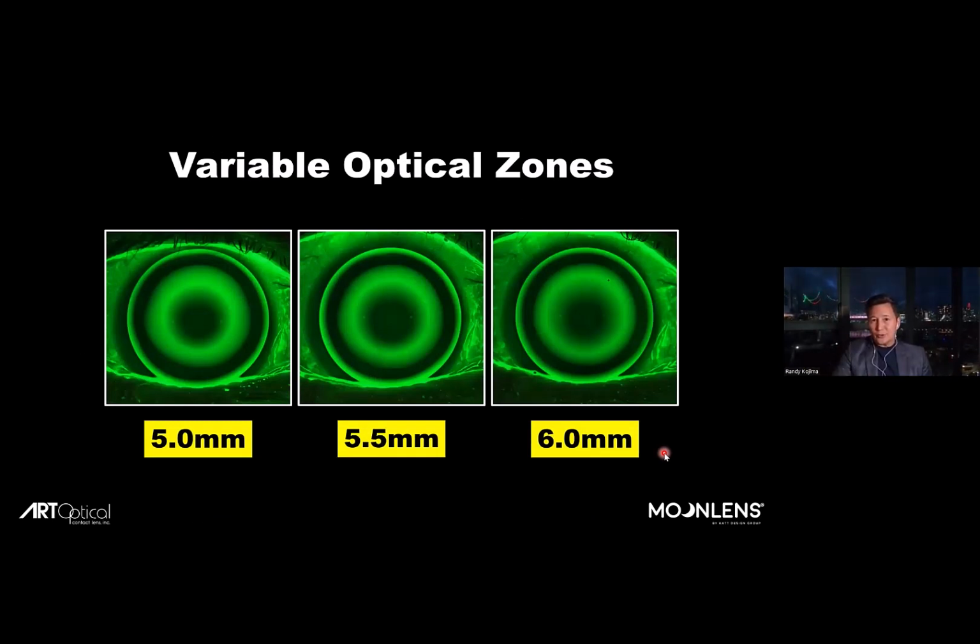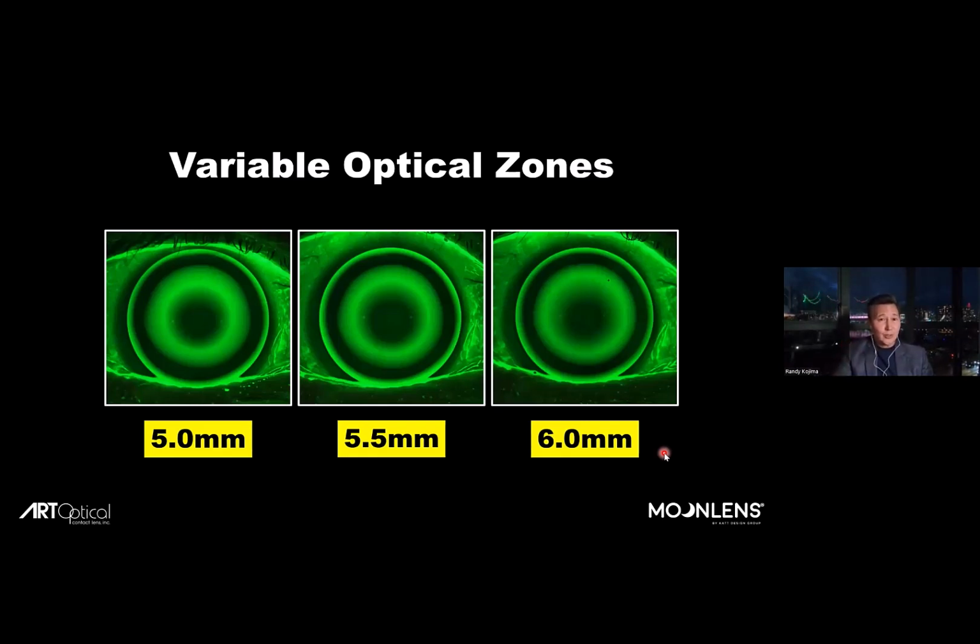The MOONLENS uses multiple optic zones, which we talked about earlier, and we talked about this in session 1 too. If you have the interest, and this is a really important piece of the MOONLENS, being able to manipulate how wide that reservoir, or where that reservoir is deepest, and also how wide the resultant treatment zone becomes.